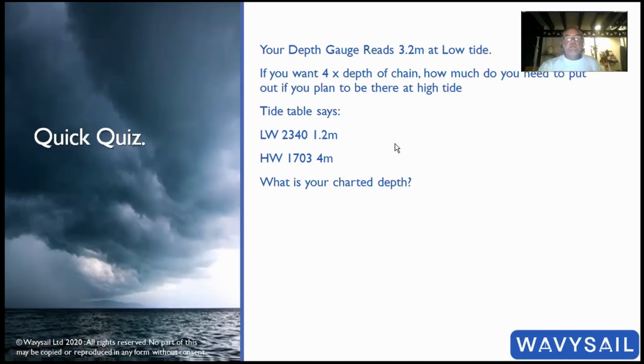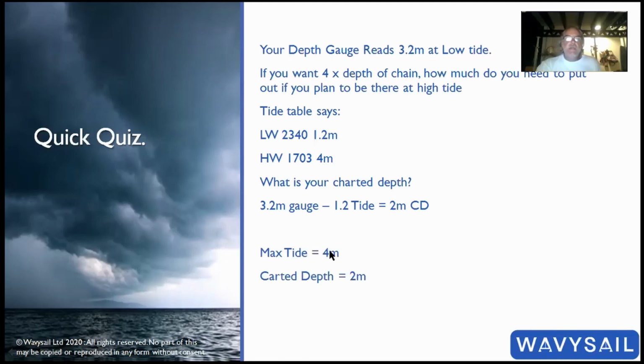And your tide table says that your low tide is currently 1.2 meters and it's going to go up to 4 meters. So the first question is, what is our charted depth? We know it's low tide, so we know we've got a tide of 1.2 meters. So what's our charted depth? It's going to be the 3.2 on your gauge less your tide, giving you your charted depth, your chart datum.